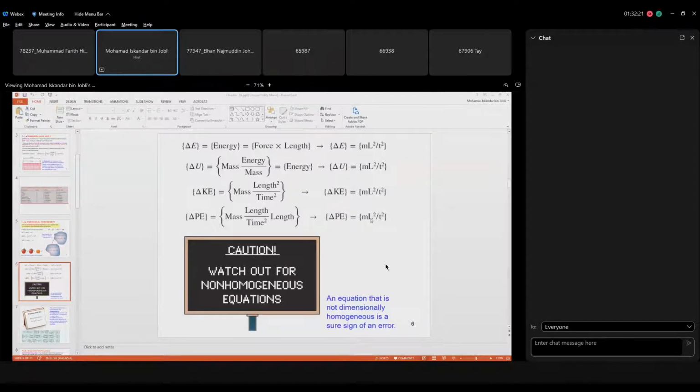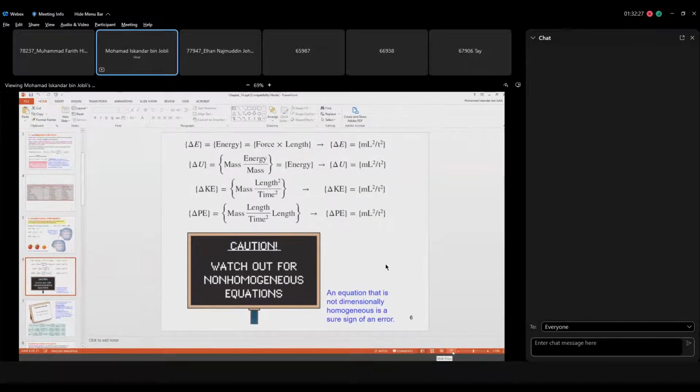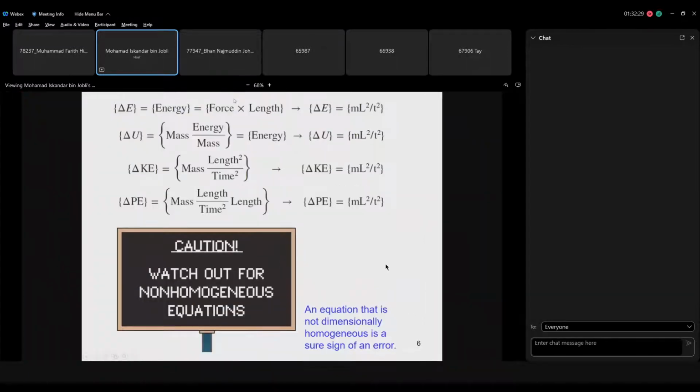ML2 over T2. One thing for you to note is, although they give you different equations, energy equals force times length, U equals mass multiplied with the energy of a mass, kinetic energy equals half mv square, the potential energy equals mgz, they will end up giving you the same primary dimension.